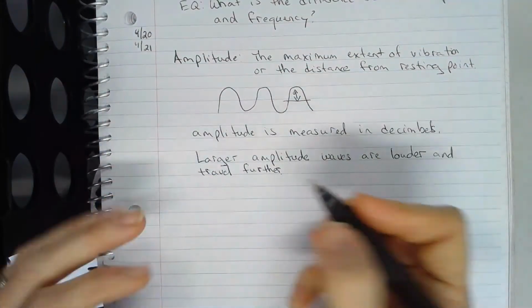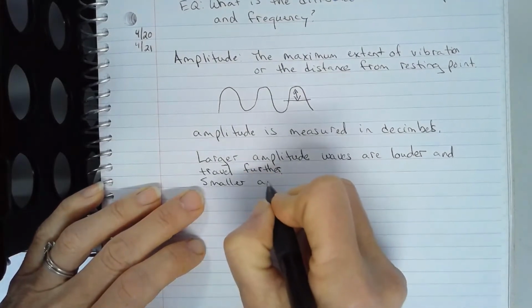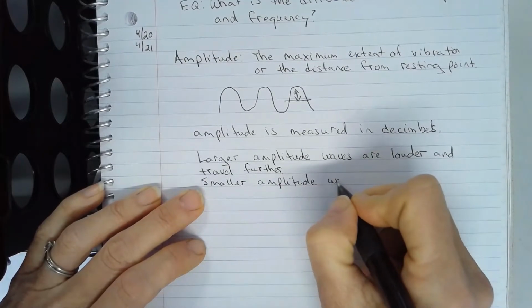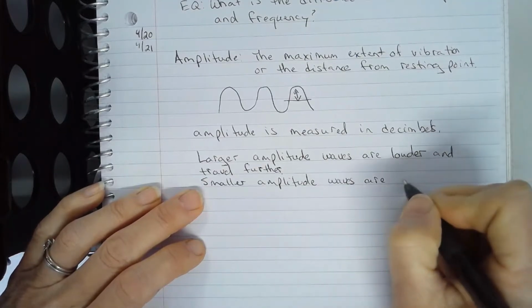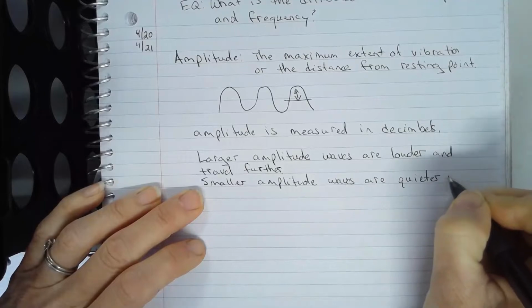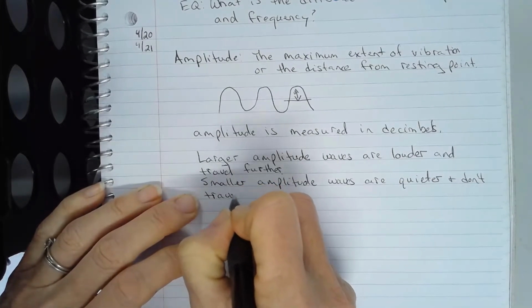which then would mean that smaller amplitude waves, they are quieter, and don't travel as far.